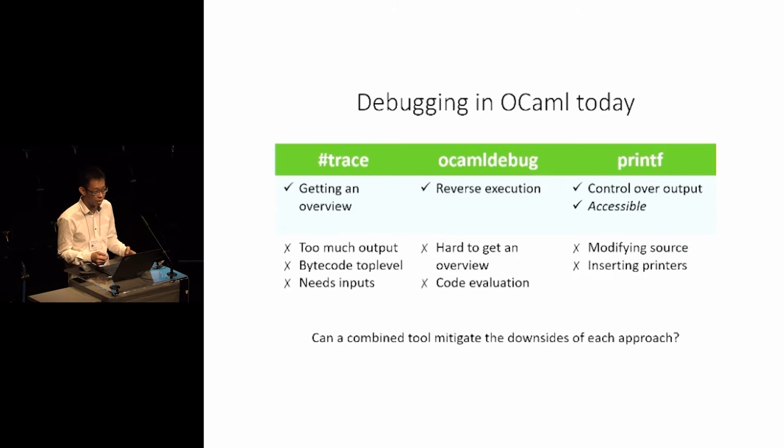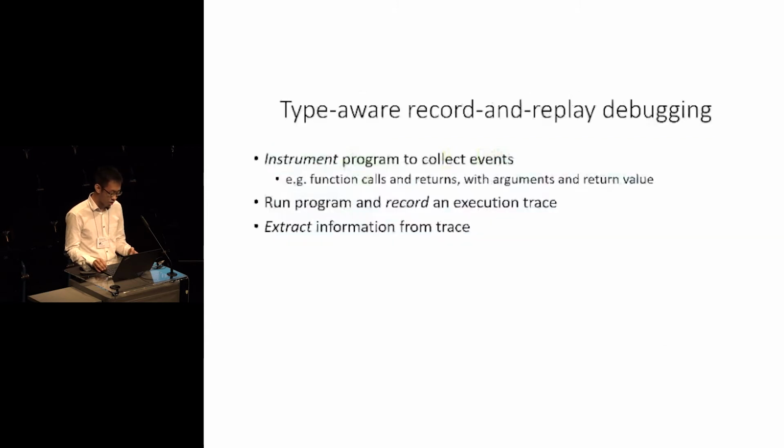Could we have a nice tool to unify all these 3 approaches, where we can navigate back and forth in time freely, and we can see every data structure in any format we want, and maybe also get an overview of the execution of the program. So this points to a record and replay debugging approach like RR, right?